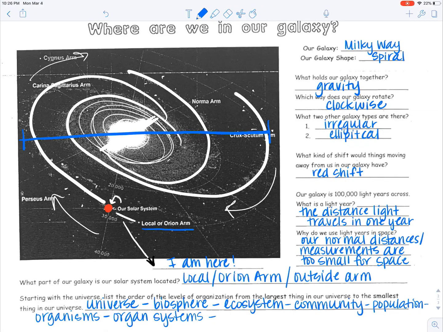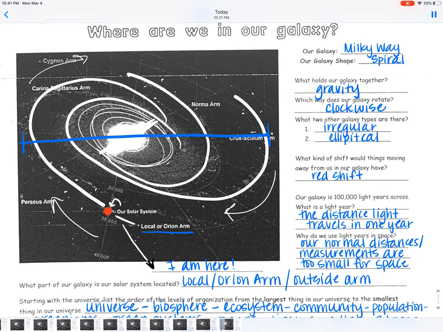And organ systems are made up of organs, which are made up of tissues, which are made up of cells, which are made up of molecules and compounds, which are then made up of atoms. So we'll skip a few there to get atoms in on that.